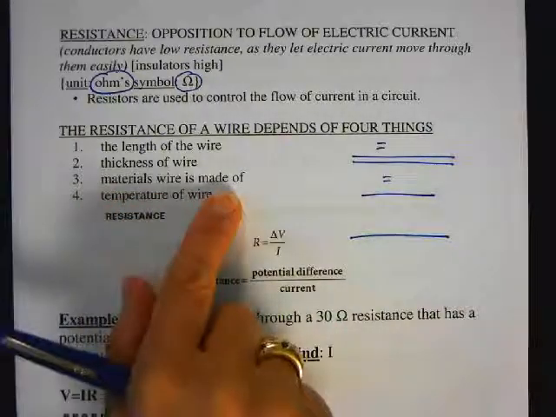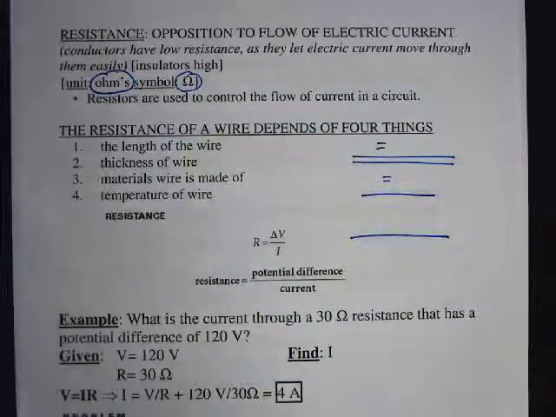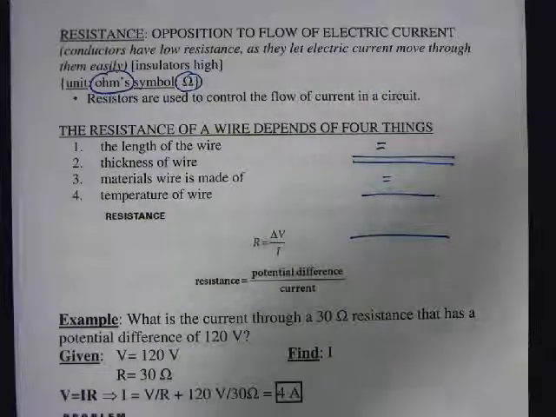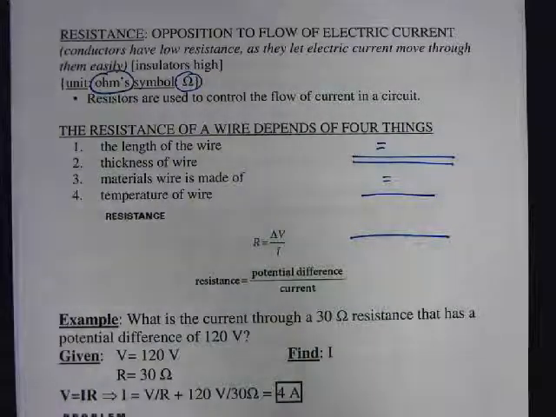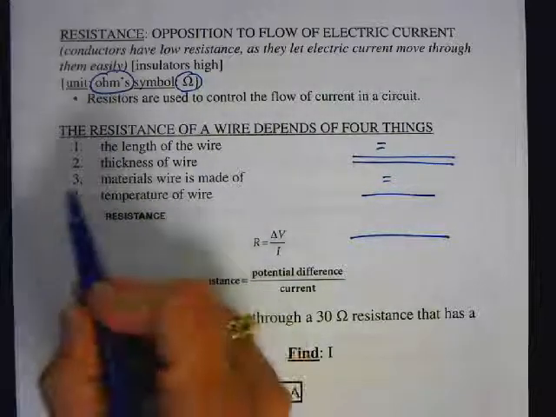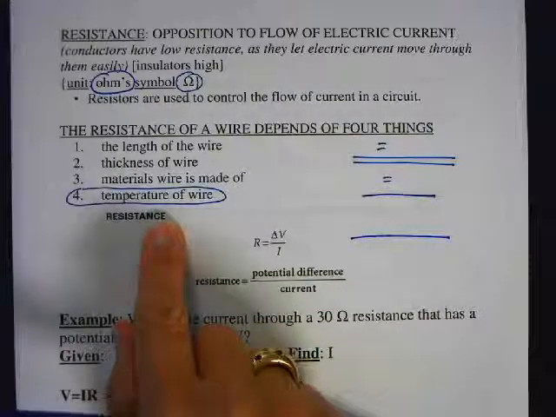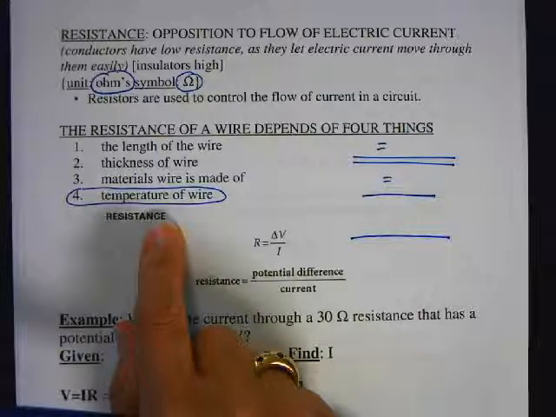The material it's made out of. So if it's a really great conductor like copper, more electrons are going to flow more easily. And then if we have different types of metals, it's going to hinder the flow. And then the temperature of the wire. Temperature is something very interesting because there can be some wires that are good conductors at room temperature, but as you heat them up, it changes the physical properties of the material.